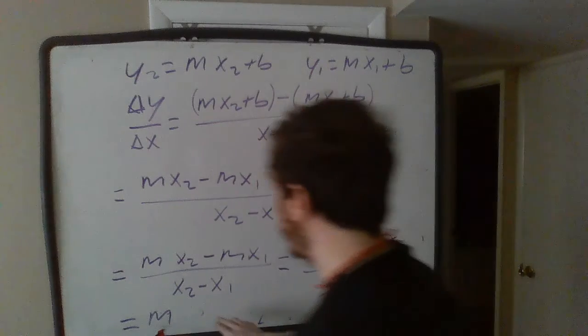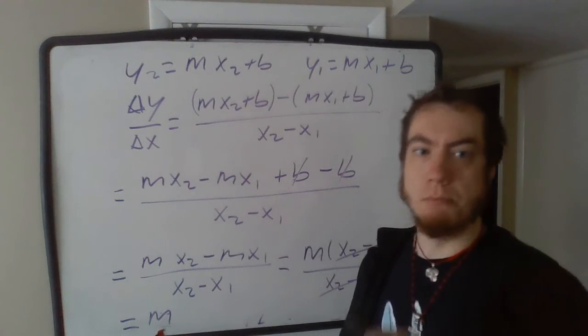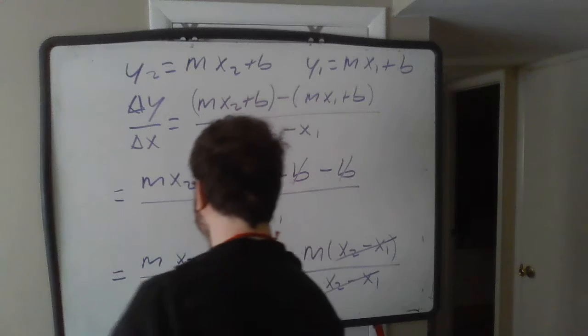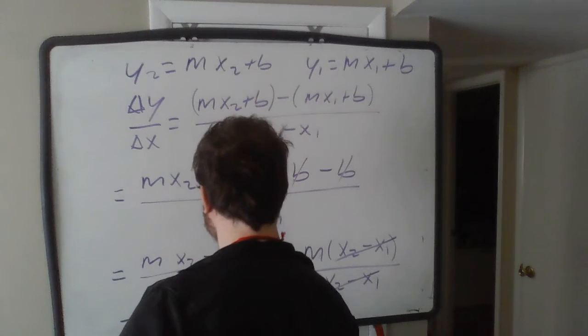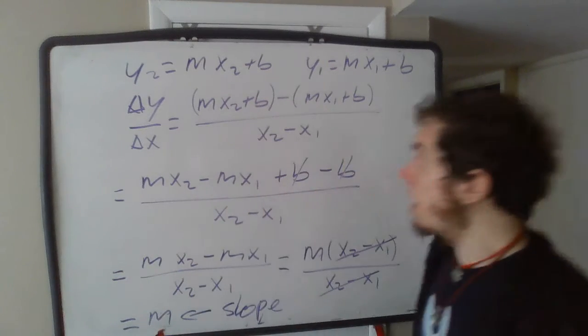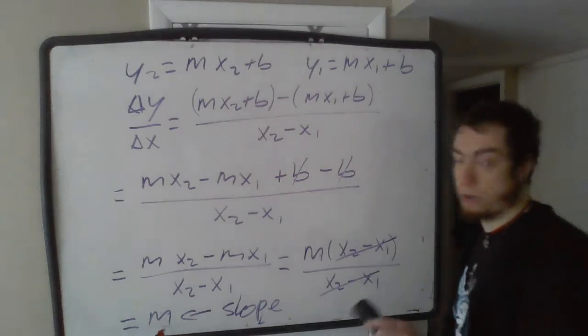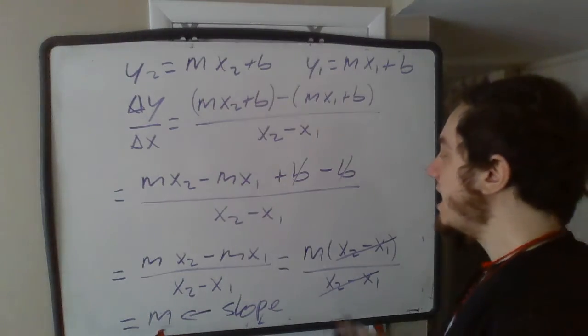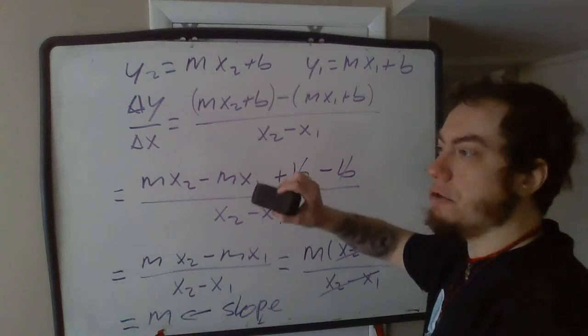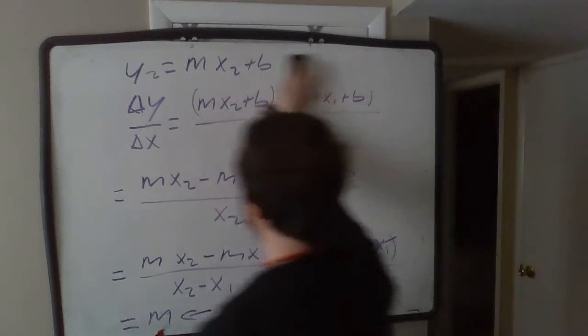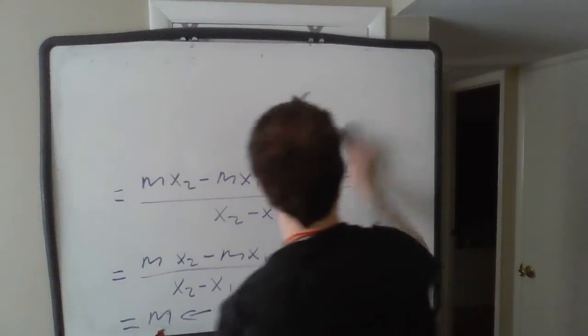For a reason that we'll see more clearly in a moment, we call this m the slope of this linear equation, because it turns out, as we're about to see, it actually is a geometric slope. Okay, so let's take a look at how that works.